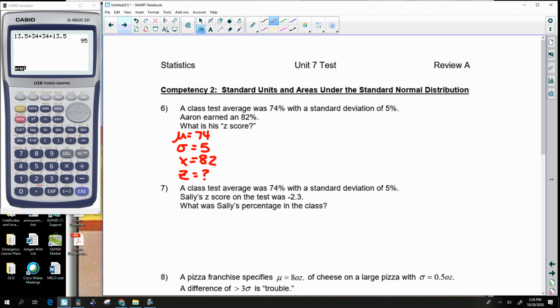So the question is asking, what is Z? Z comes with a formula that is x minus mu divided by sigma. Plugging in the numbers where appropriate, that would be 82 minus 74 divided by 5. So the Z score in this situation is 1.6.